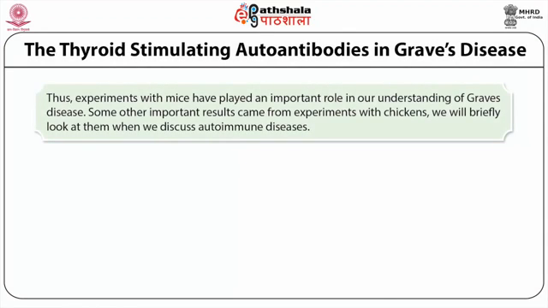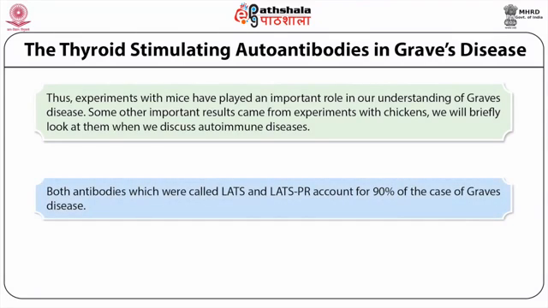Another kind is inert against mouse thyroids and it is called LATS-P, conveying LATS protector. Thus, experiments with mice have played an important role in our understanding of Graves' disease. Some other important results came from experiments with chickens. We'll briefly look at them when we discuss autoimmune diseases. Both kinds, LATS and LATS-P, account for 90% of the cases of Graves' disease.